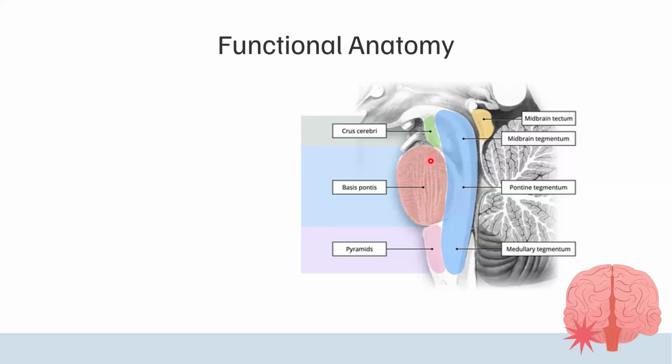Now, the more anterior portions, including the crus cerebri in our midbrain, the basal portion of the pons, and finally the pyramids in the medulla, are going to be our descending motor tracts. So this tells you that the general functional organization within the brainstem is to have the motor components anteriorly and the sensory components posteriorly.